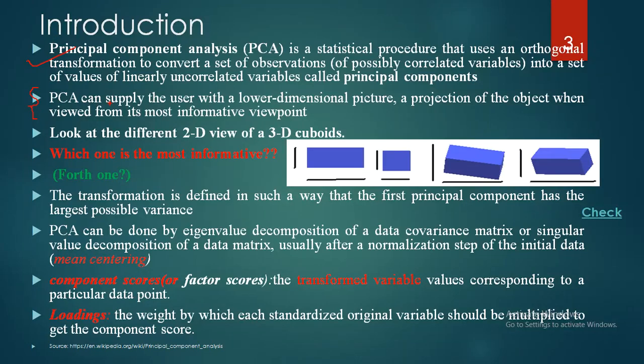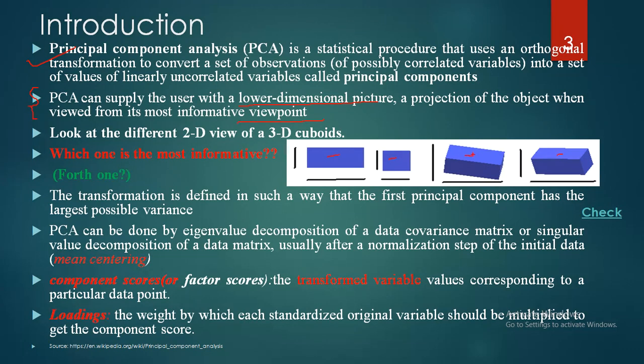Another way you can understand PCA is in terms of viewpoint, how we look at the data. If we change the viewpoint of the data set or the object, we can capture more information even from the lower dimension. For example, this is a rectangle, this is a square, this somewhat looks like a cuboid, and this is a cuboid.